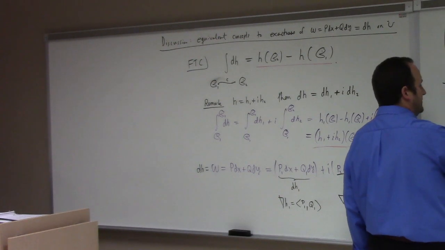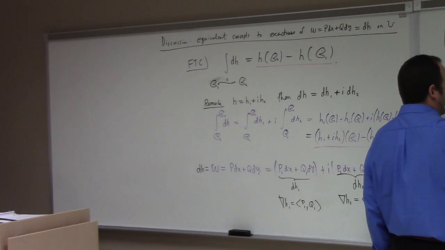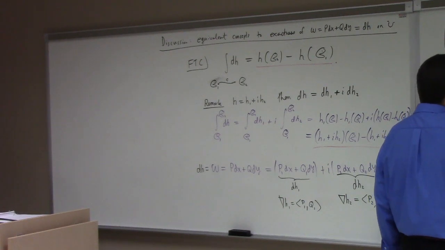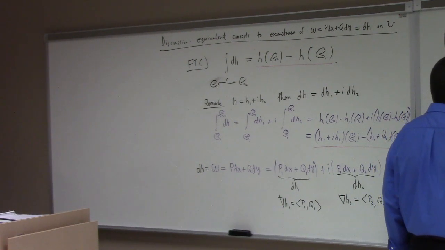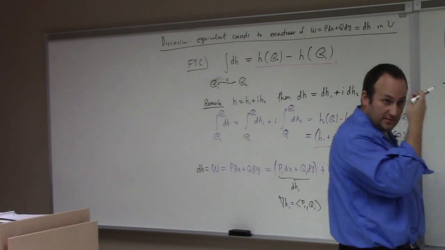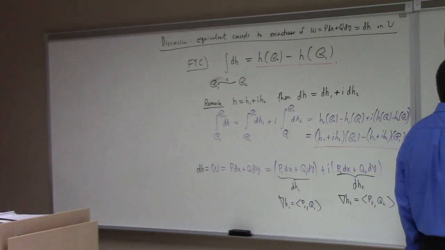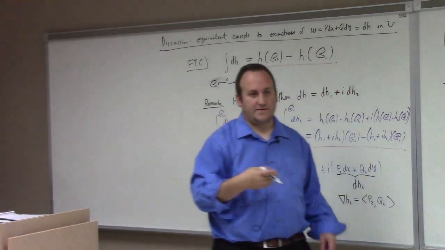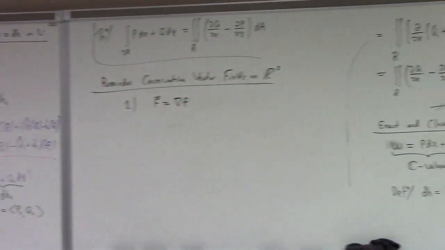So, number one, the vector field is equal to the gradient of some potential function, in our current notation h perhaps, yeah? We usually use a little f, right? So that there exists a potential function that it's equal to the gradient of.